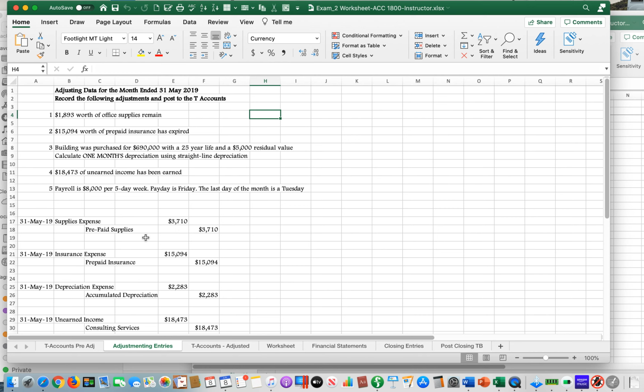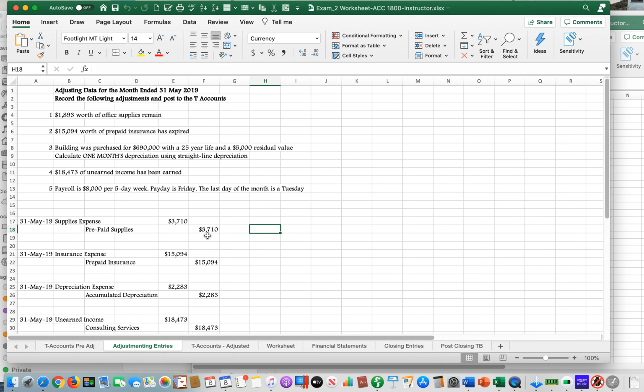So the adjusting entry is what you see here, folks. This is the adjusting entry. You debit supplies expense, and you're going to credit prepaid supplies, thereby reducing it by that amount. So if you reduce it by that amount, you're going to have this much remaining, $1,893.